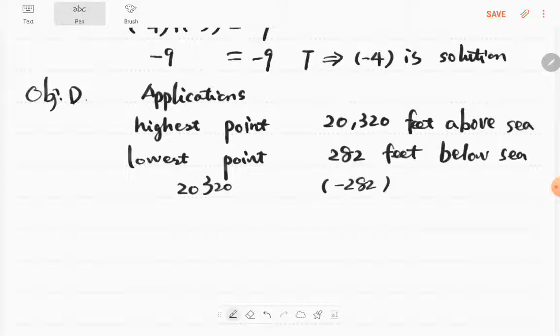Now we are interested in how much higher the mountain is than Death Valley. So we only need to do the subtraction to find the difference, right? We use the bigger number minus the smaller number. So we want to find how much higher. So we use the mountain height minus the Death Valley height to get the difference.